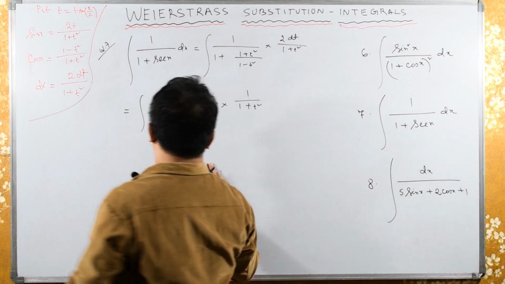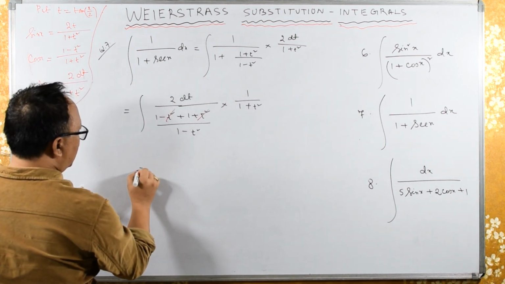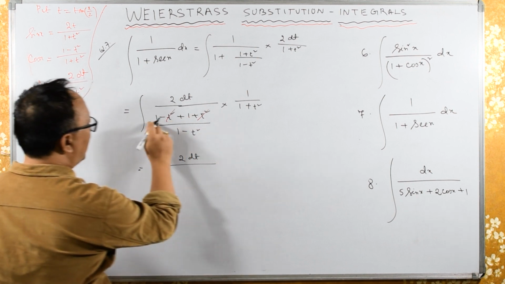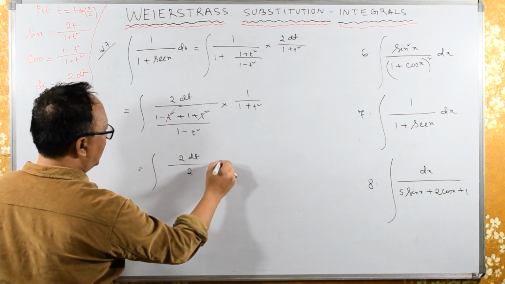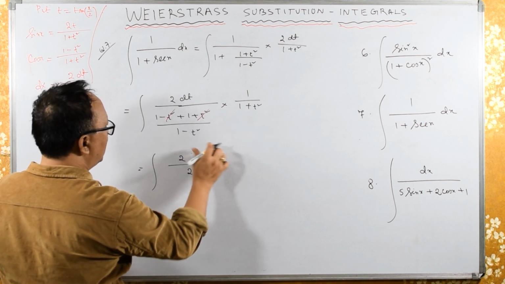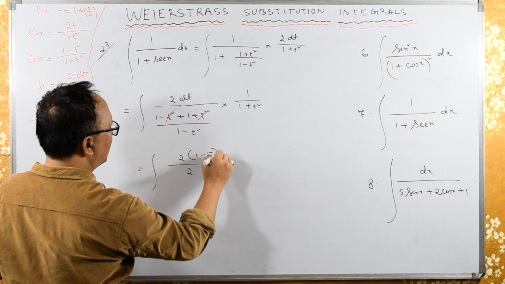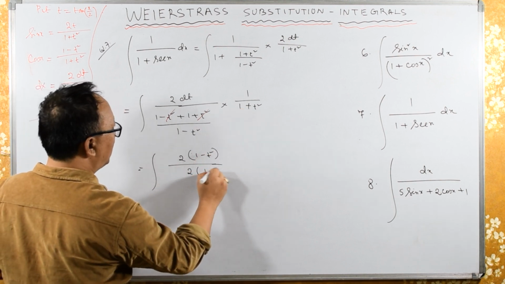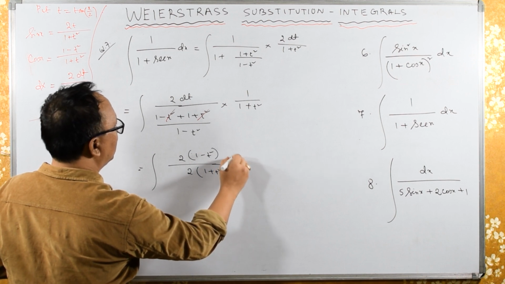Now this is the same as the integral of twice dt upon 1 plus 1, which is 2. This will come up here, into 1 minus t square, and here we have 1 plus t square into dt.